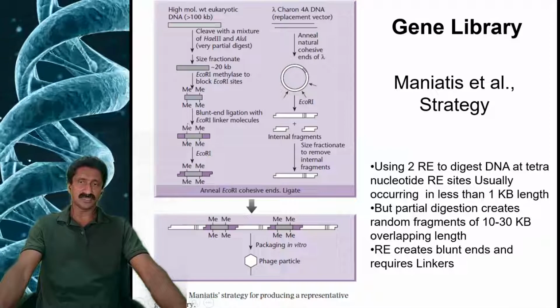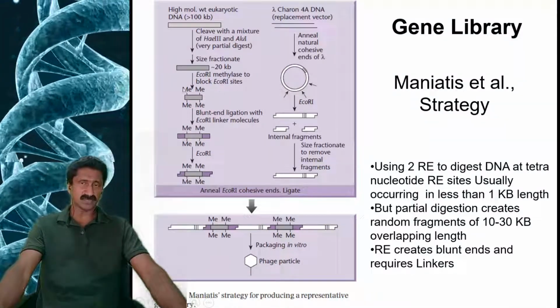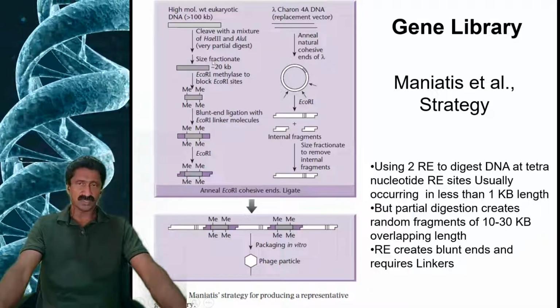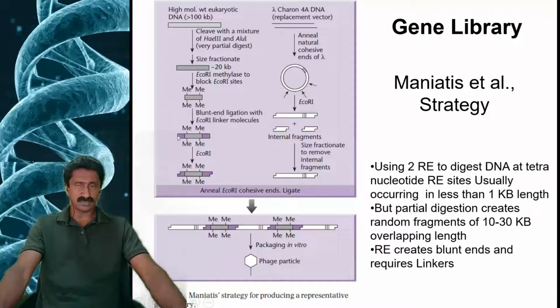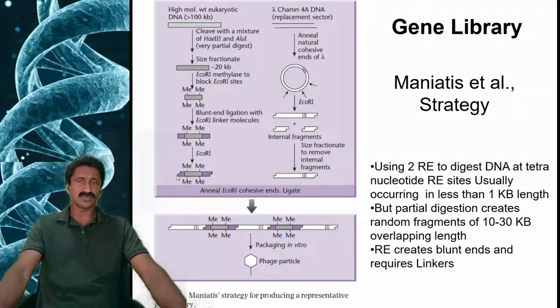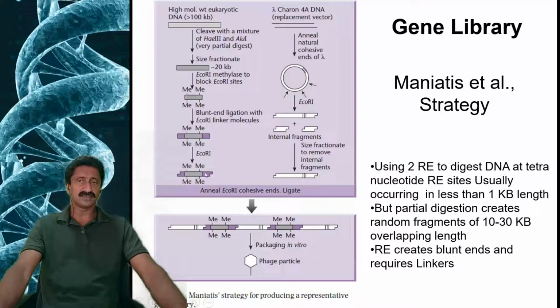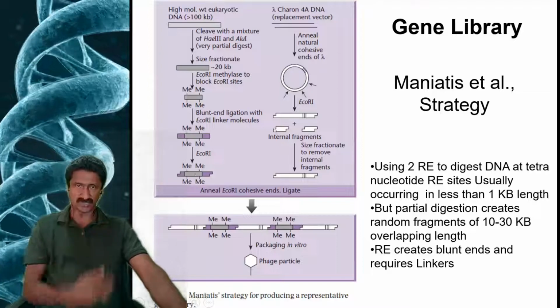Then you can link it with the EcoRI linker. This step was already discussed in a previous slide: after methylation of this 20 kb fragment, you can use a blunt-end ligation with the EcoRI linker. So your fragment is now joined with the EcoRI restriction site on both ends. That linker is attached at both ends.